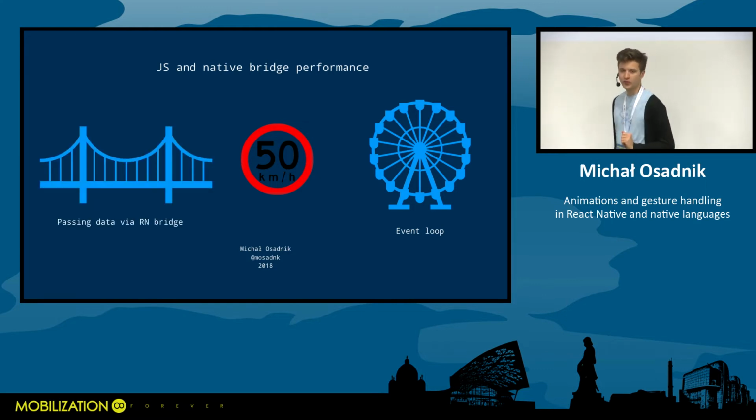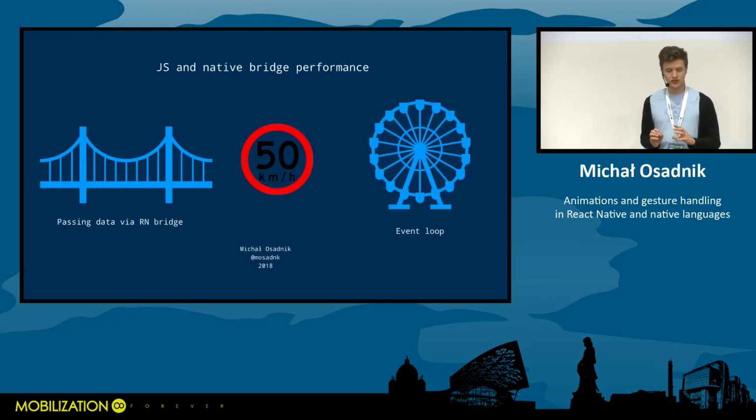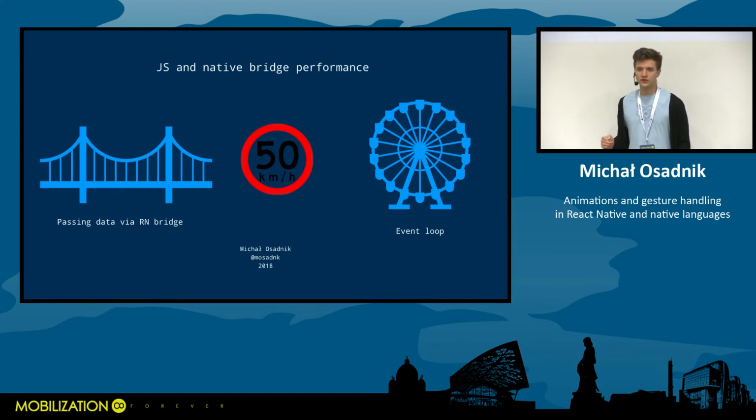And let me come back for a while to this bridge. JavaScript and native can communicate via this bridge, and this bridge is kind of not very performant. So passing data via this bridge is slow, and each piece of data has to be copied and then translated to a value understandable for Java and Objective-C. For example, an integer in JavaScript is not the same as an integer in Java.